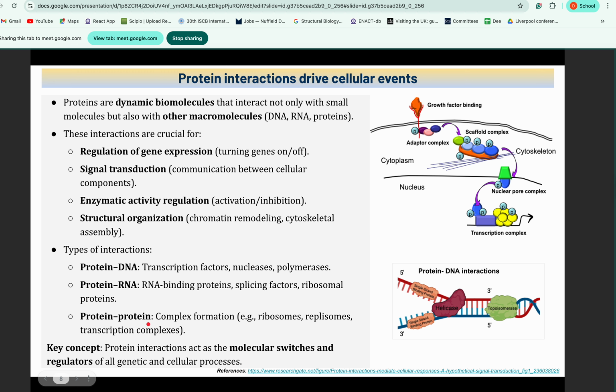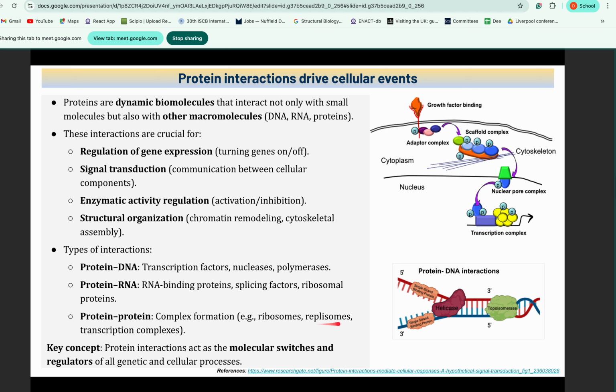And if we talk about the protein-protein interactions, then in the case of ribosomes, we have two different subunits and different proteins come to form the ribosome. In the case of replisomes, replisomes are the proteins which are involved during the replication process. When DNA is making a copy of DNA, different proteins come, such as helicases, topoisomerases, DNA polymerases, gyrases, and many other enzymes.